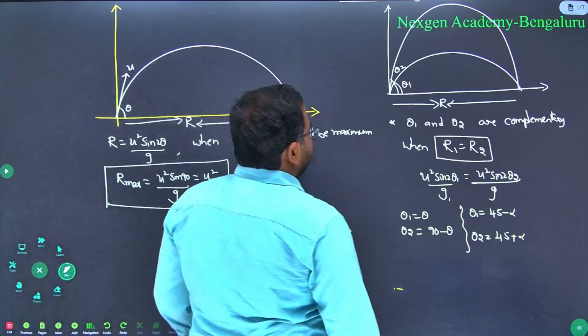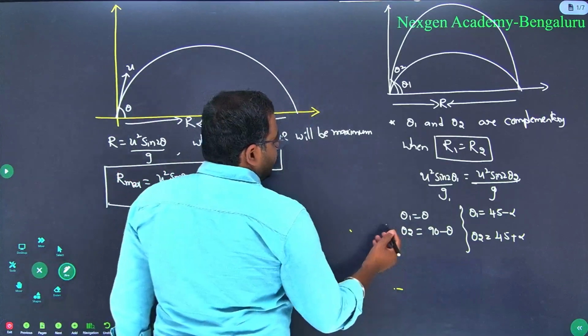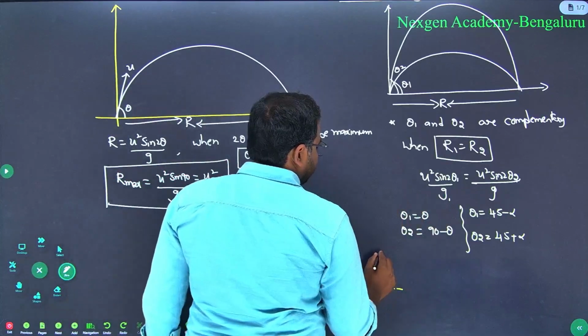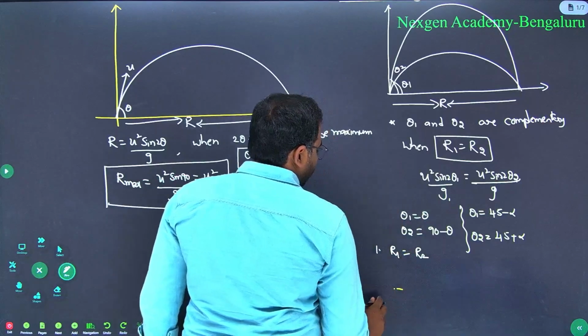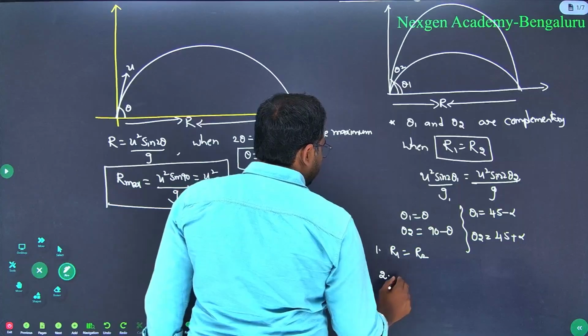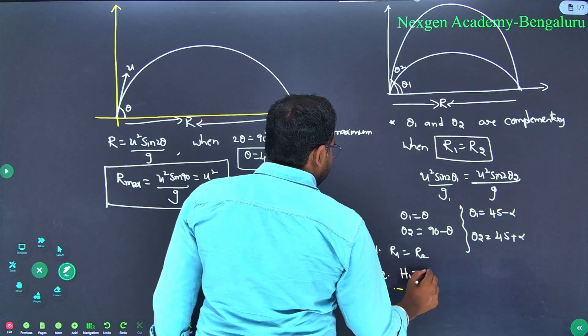Next. Here for complementary angles, the first point is R1 is equal to R2. What about the relation between H1 and H2?